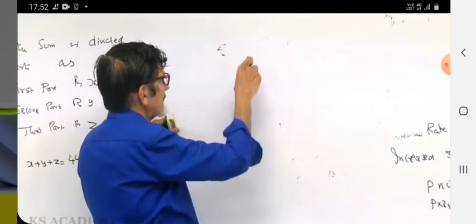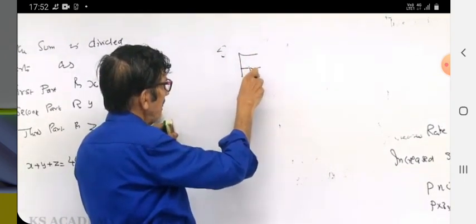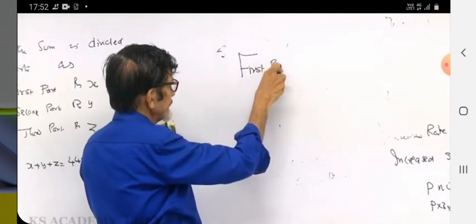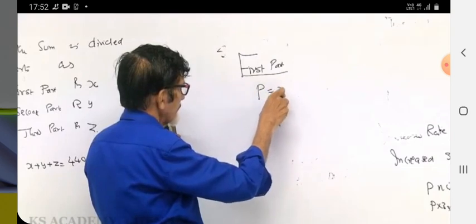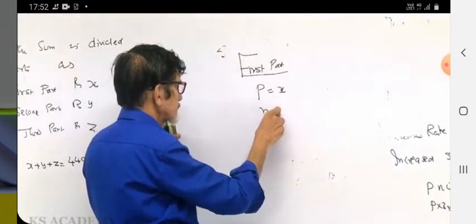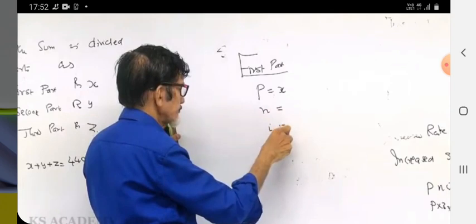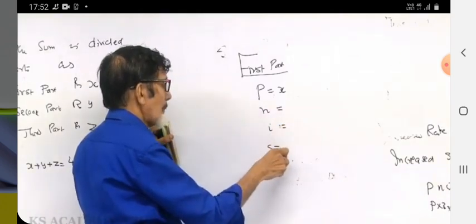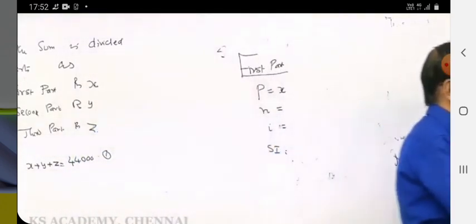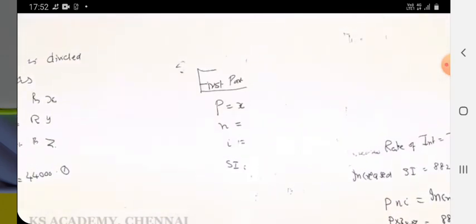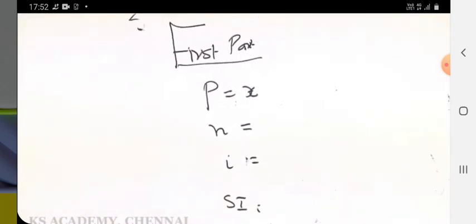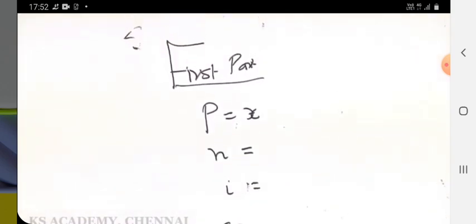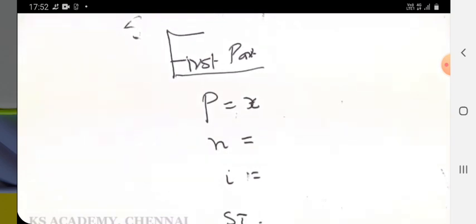First part. Heading, first part. Principal is X. How many years invested? 2 years, 3 years, 6 years. First part, 2 years.